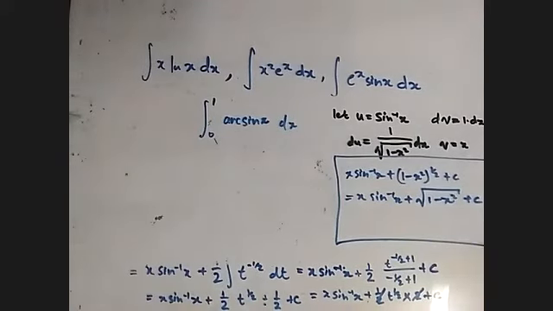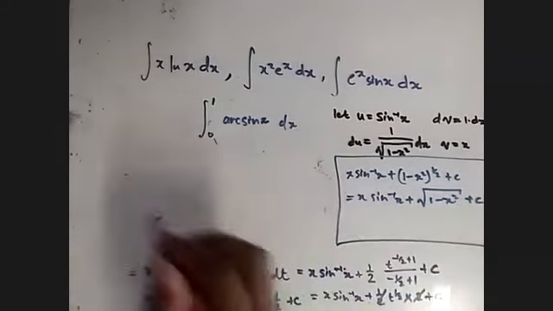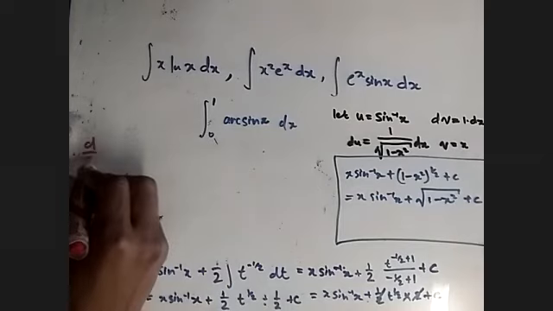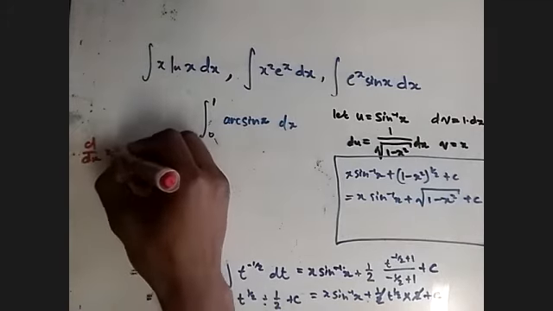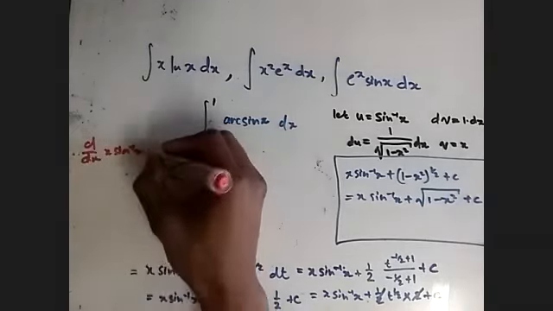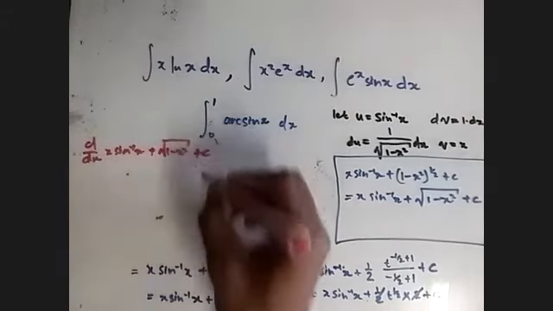So the checking part, we are going to differentiate, but differentiating only the parts. So we're going to have d by dx of x sine x plus the square root of 1 minus x squared plus c.